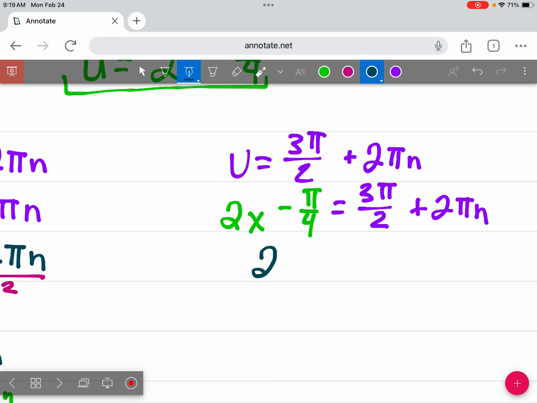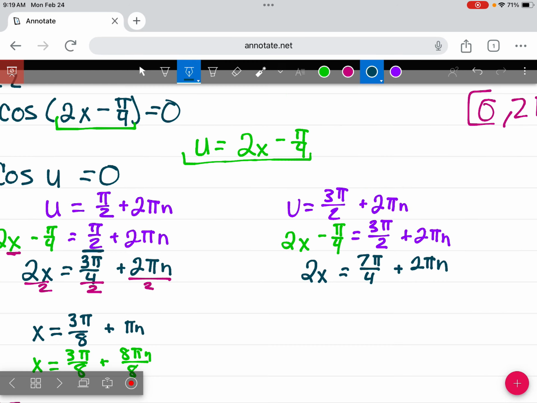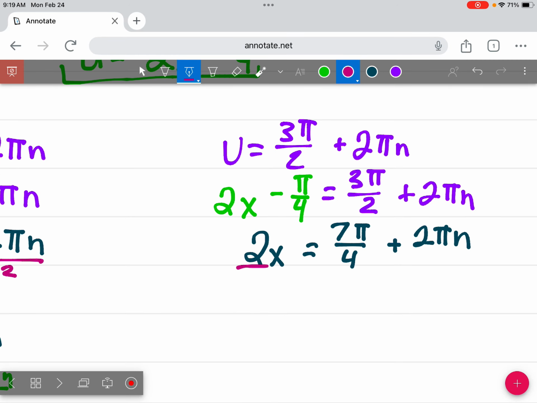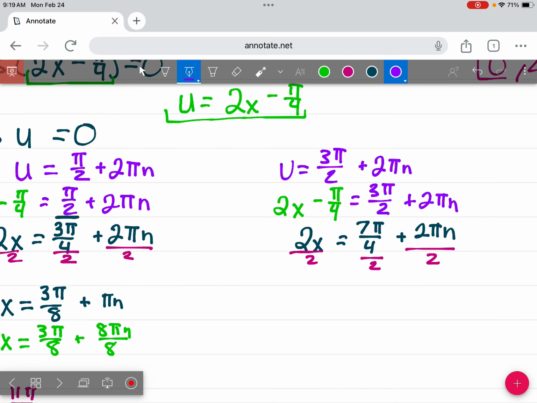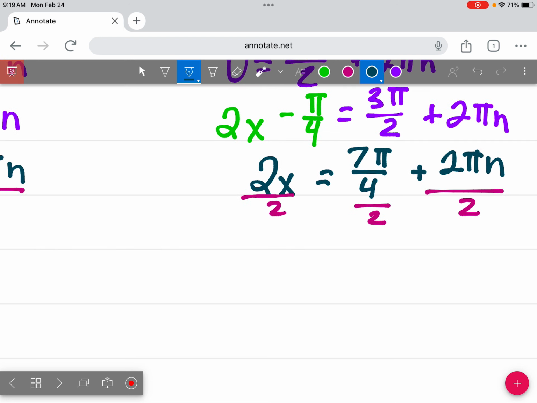So we're going to have that our 2x equals 7 pi over 4 plus 2 pi n. And then same vibe, I got to divide everybody by 2. And we're going to get that our x equals 7 pi over 8 plus our pi n.